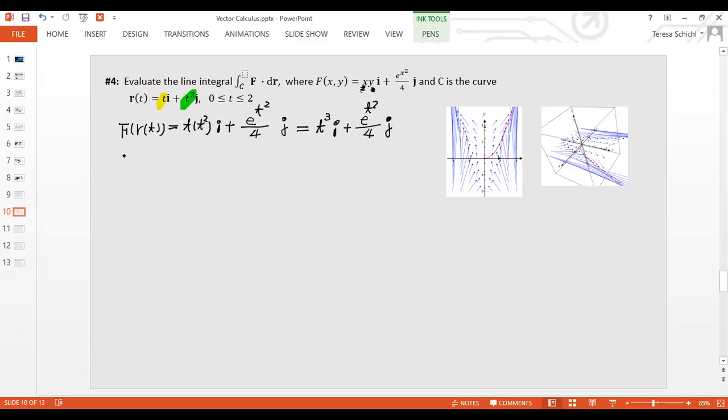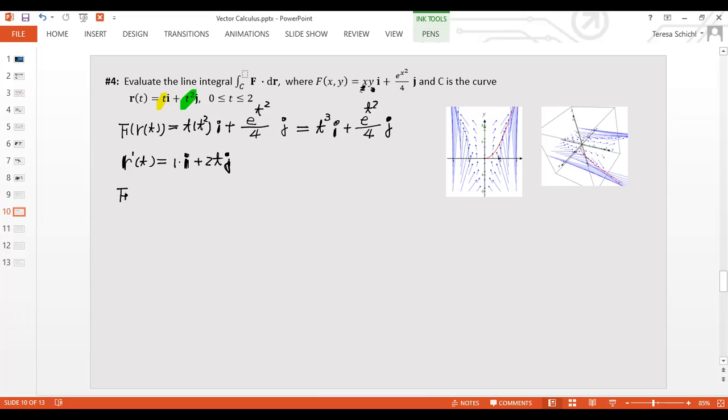Now the next thing is to take the derivative of this vector function r(t). We know from the first couple of videos in this unit that the derivative is just the derivative of each component. So this is 1, my i component, plus 2t, my j component.